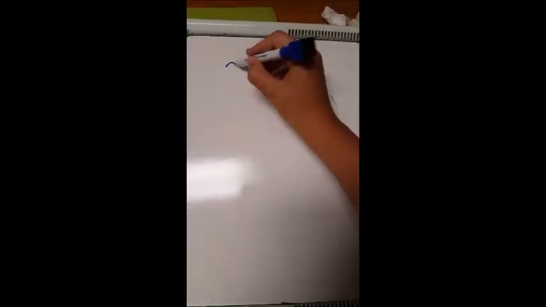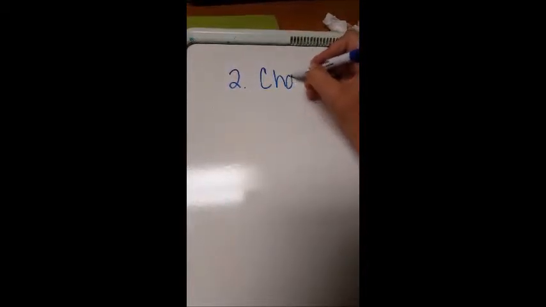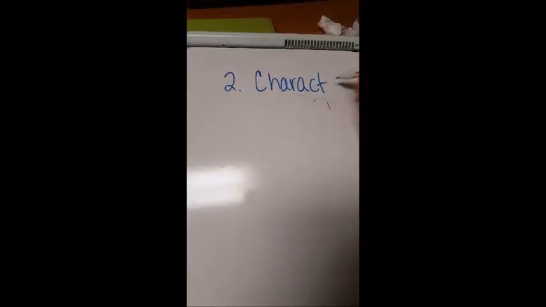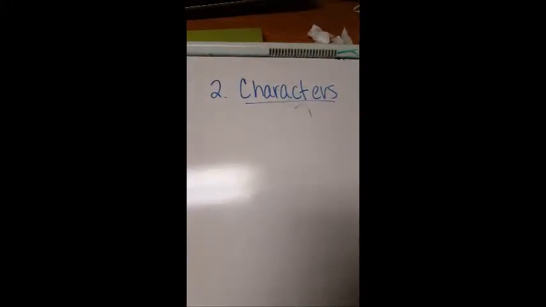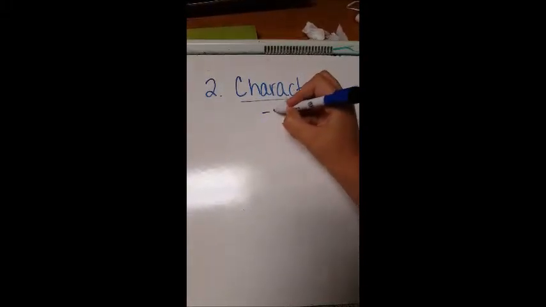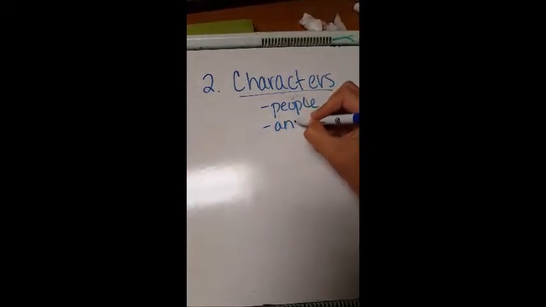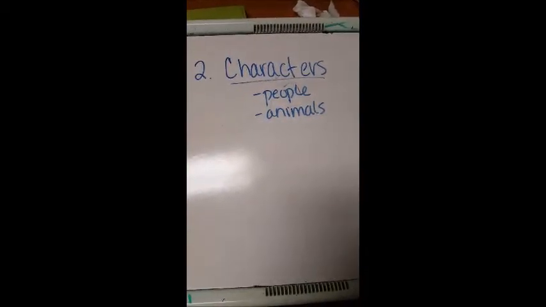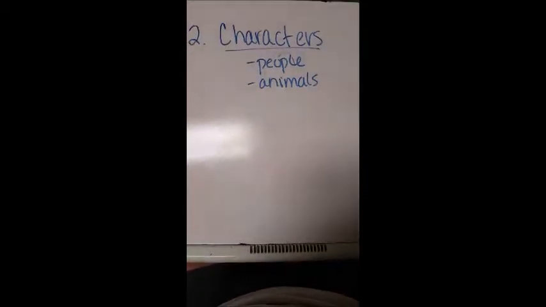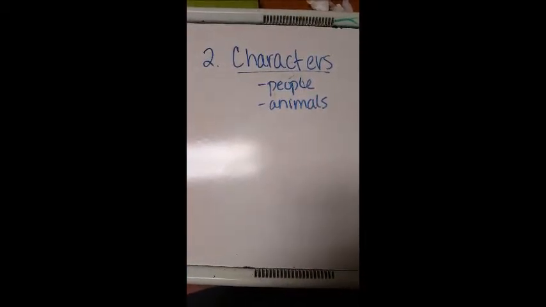Okay, so the second literary element we are going to take a look at is characters. Now, the characters are just simply who is in the story. Characters can be people, which is the most common, or they can be animals, or any other type of made-up person or animal that is in the story. So, if we were looking at our Cinderella story, who would be the different characters?